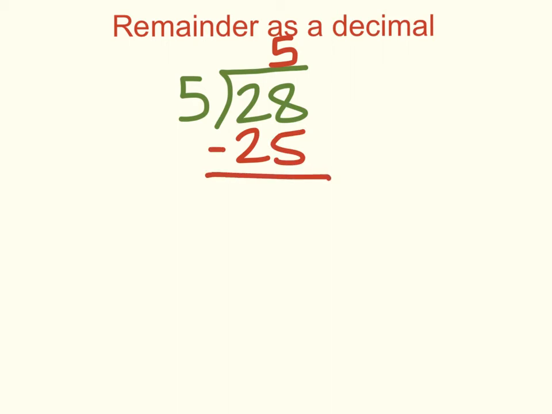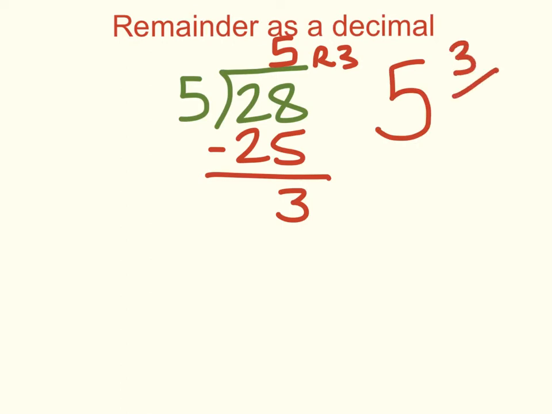I'm going to subtract that, and I have 3 left, and no more numbers to pull down, so 3 becomes my remainder. So then I write my answer as a fraction, so it's 5 with a remainder of 3 over my divisor of 5. So 5 and 3/5.